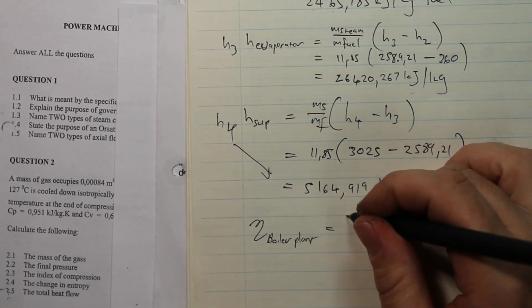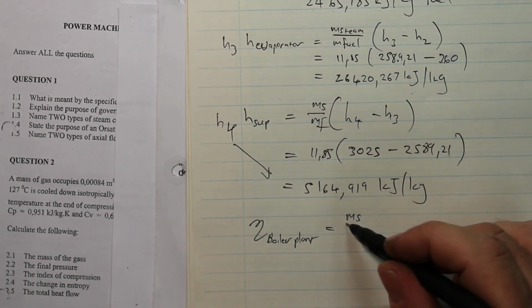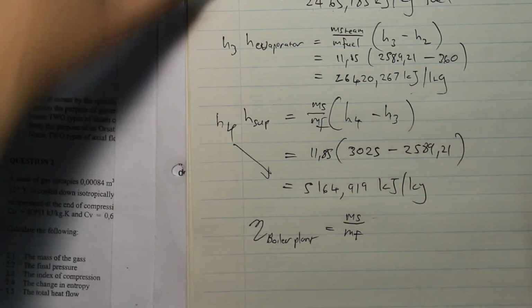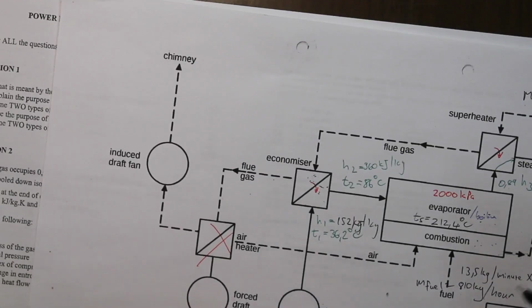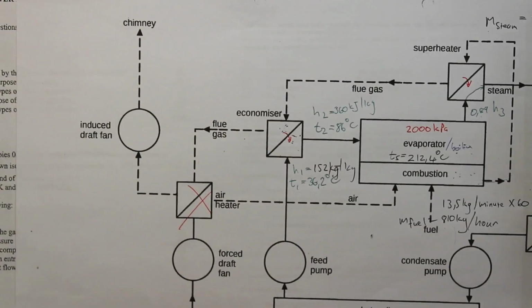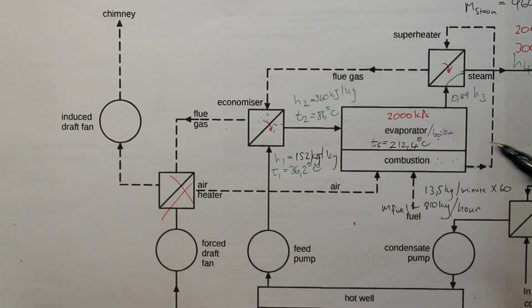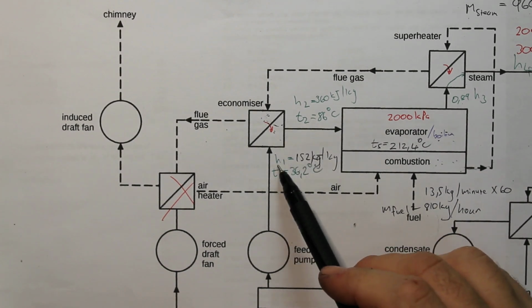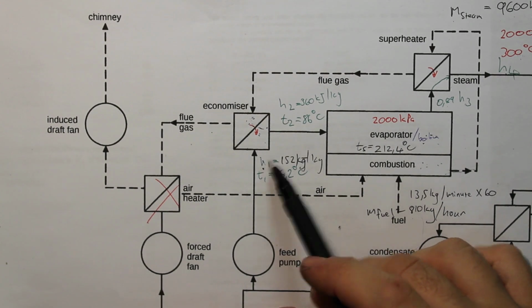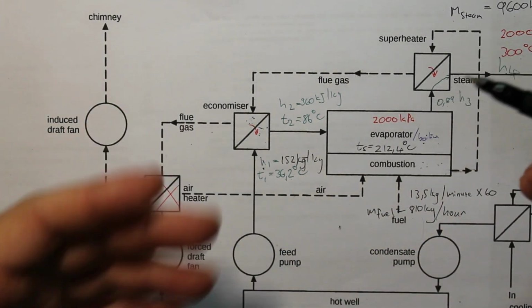And that equals the mass of the steam over the mass of the fuel, and how much energy went to the steam. Okay, how do we know what that is? How much energy went to the steam? And that's obviously H4 minus H1, and that would tell you how much energy went to the steam.